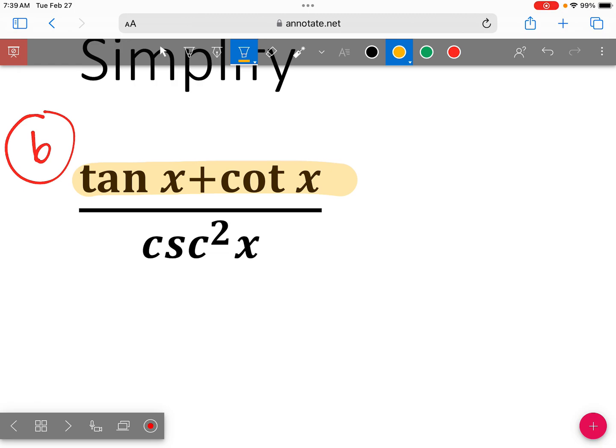Now, if that was multiplication, we would be good because tangent times cotangent is 1. But it's not multiplication, it's addition. So we're going to work with the numerator first. First thing first, rewrite them in terms of what? Sine and cosine. So let's do that.